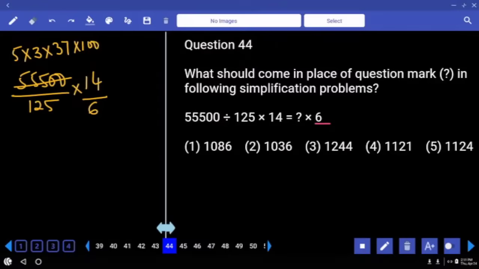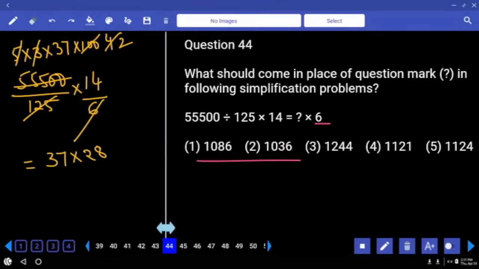Are you okay? 25. 5 gets cancelled and 4 is here. 3 2 times. 2 times. Finally we have 37 into 2 into 14, 28. Answer ends with only 2 options. 2 possibilities are there, correct?